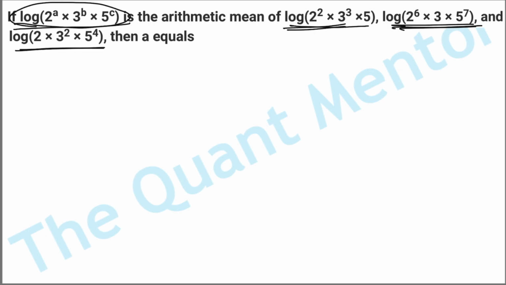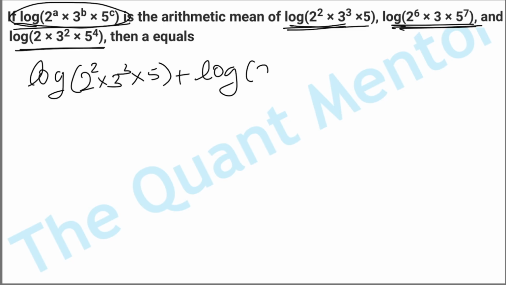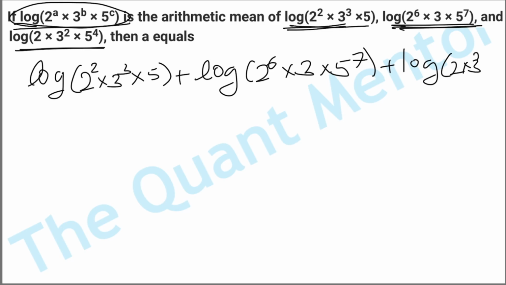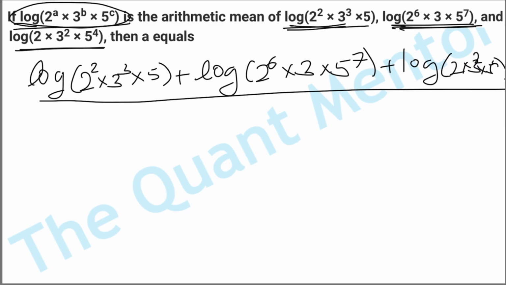The average of these three terms shall be log of 2 square, 3 cube and 5, plus log of 2 raised to 6 into 3 into 5 raised to 7, plus the last term, log of 2, 3 square, 5 raised to 4, and the average means divided by 3.